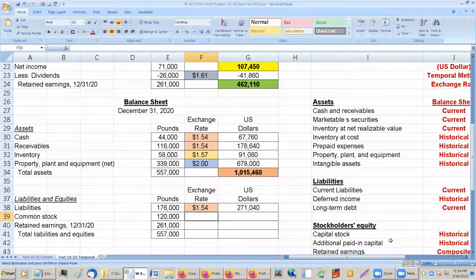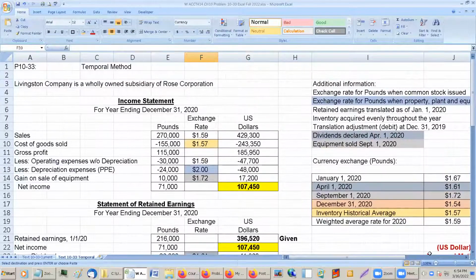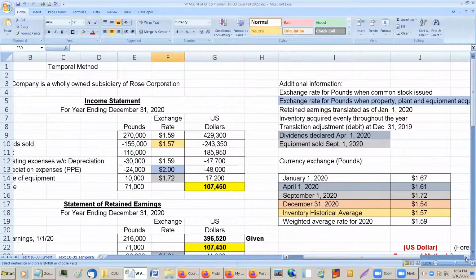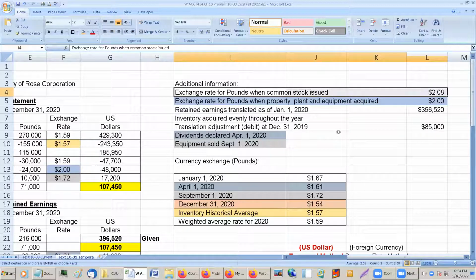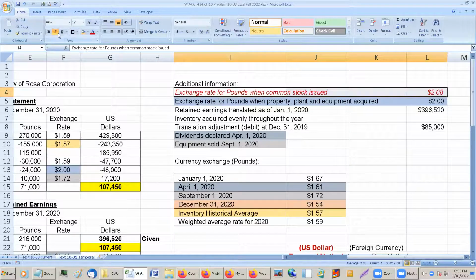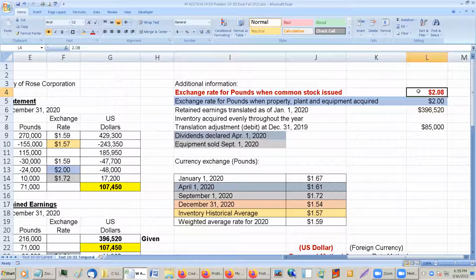Common stock. That was a historical rate up here somewhere. $208. So the exchange rate found when the stock was issued was 208.